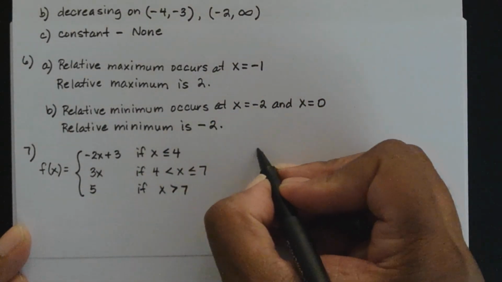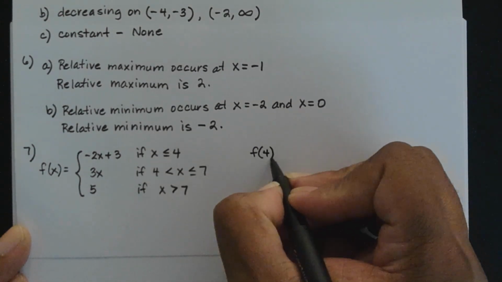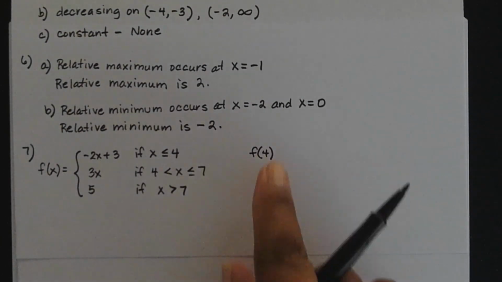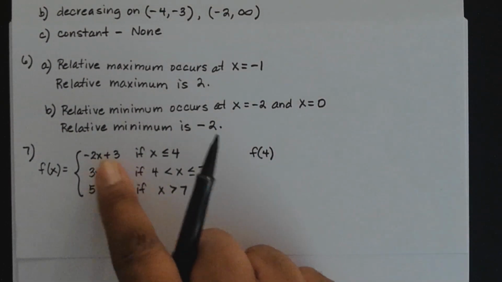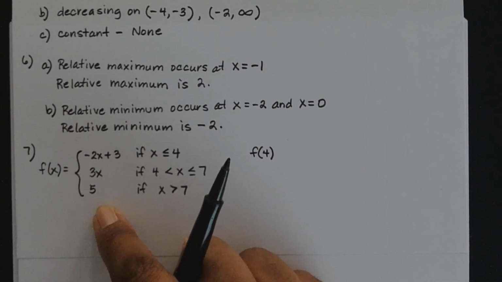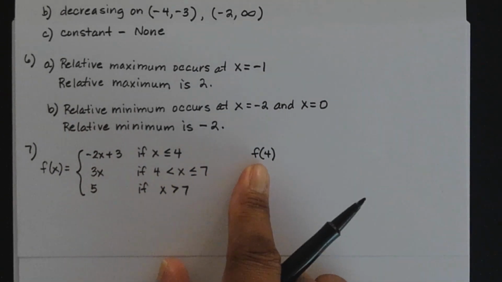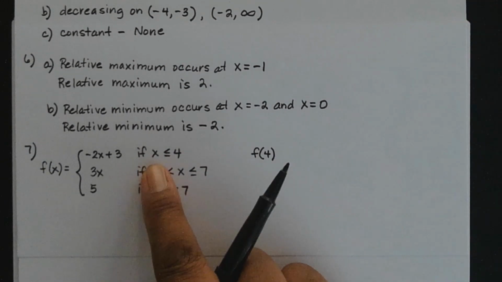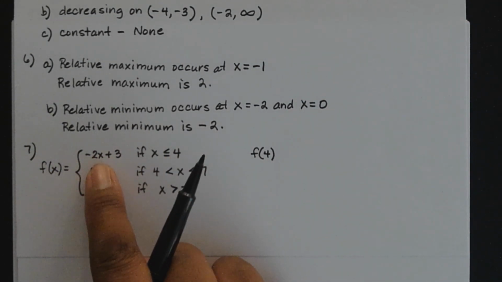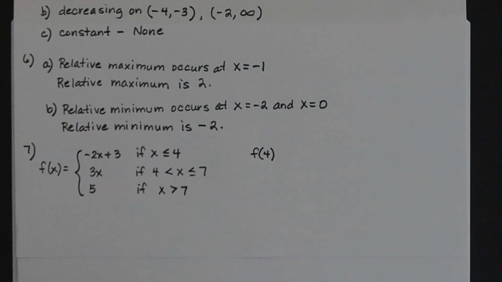So here we're going to find, using that piecewise function, what f of 4 is. Now, that's your x value. That's going to tell you which one of these we need to use. And in this case, since our x value is 4 and x is less than or equal to 4, we have to use the first one, -2x plus 3.